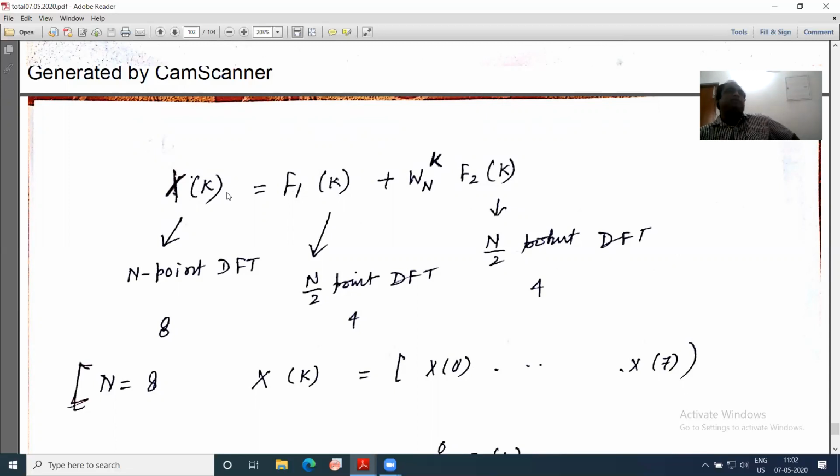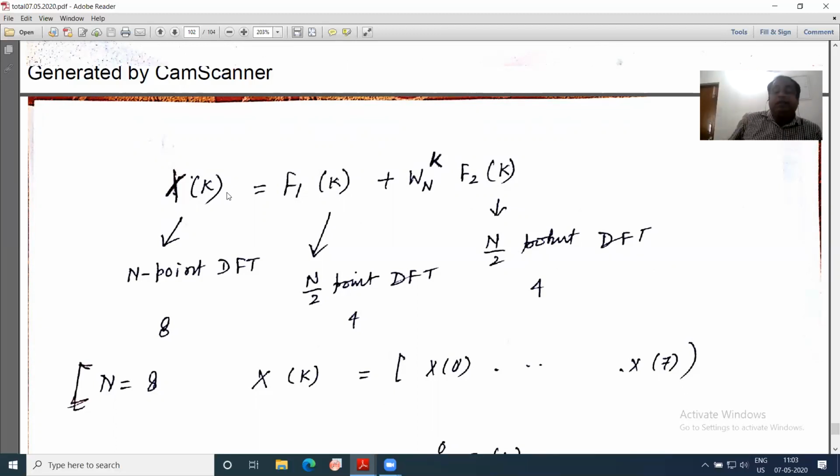Once 4-point DFT result is available to me, I can combine them and get 8-point DFT. Agreed? So to compute the 8-point DFT, I no more require to compute 8-point. I can combine them if I compute only 2-point DFT.